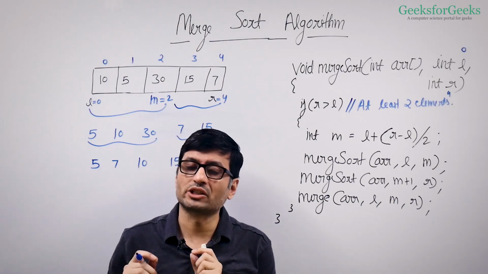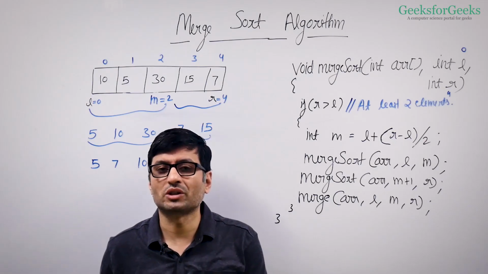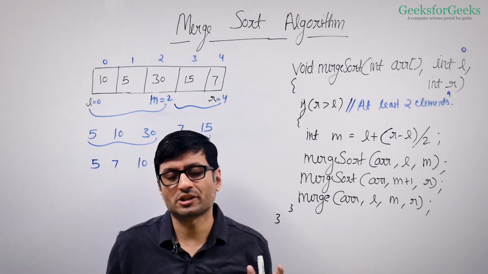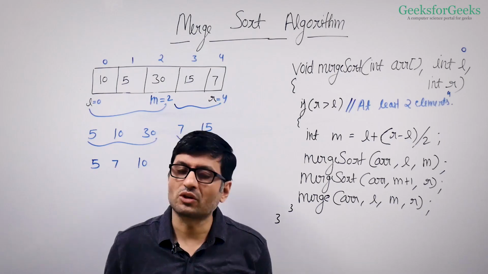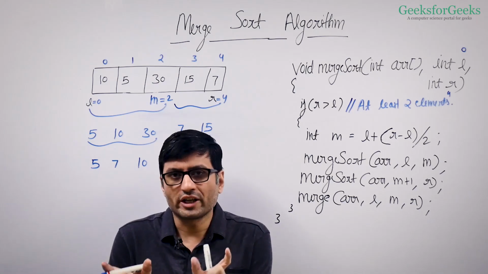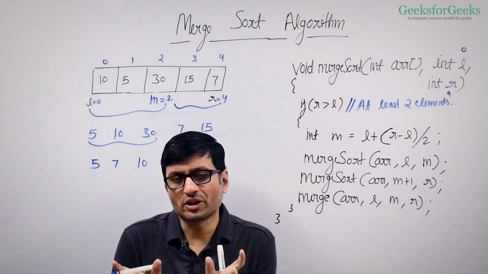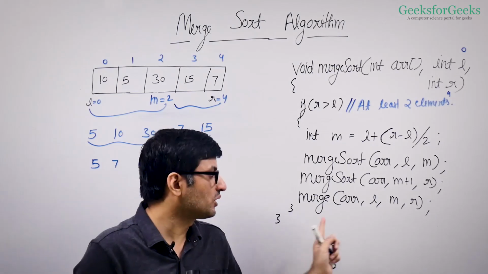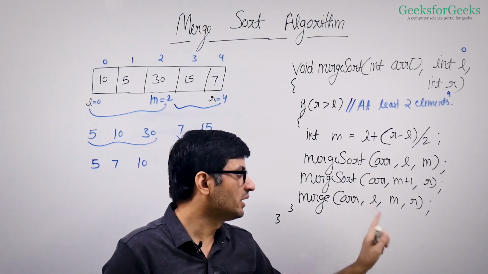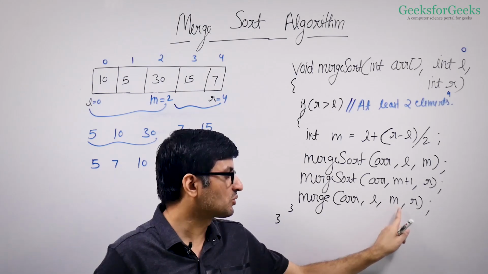And then we recursively sort elements from mid plus 1 to R. After sorting these two halves, we merge these two halves. And how does merge work? It takes two sorted arrays, which are the two sorted halves of your input. It considers one sorted array from L to M and the other sorted array from M plus 1 to R.